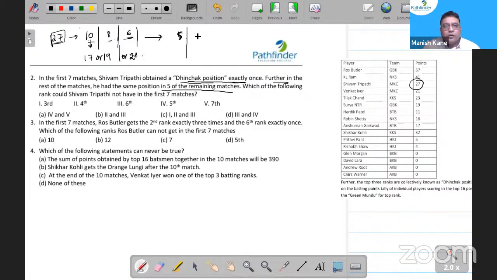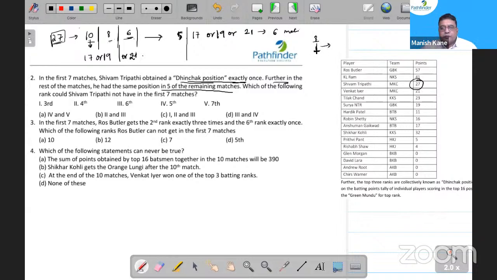So this fellow Shivam has to obtain either a total of 17, or a total of 19, or a total of 21 in 6 matches. And you're told that he gets the same rank in 5 of these matches. Which same rank could that be? Can it be a score of 1, which corresponds to rank 8, in 5 matches?